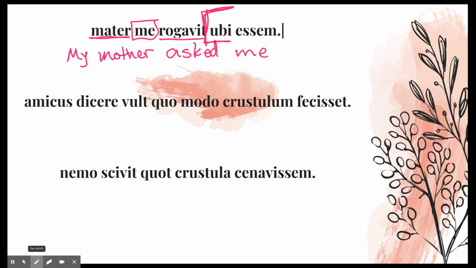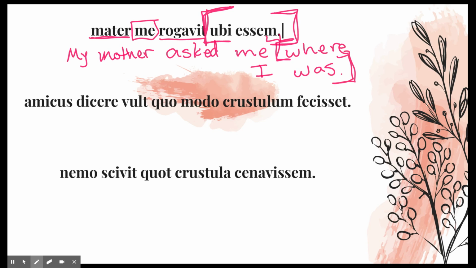It starts with my question word, and then it ends over here with my verb in the subjunctive. So what did my mother ask me? Where, which is ubi. My subject is I, where I was, because it's in the imperfect tense. So my mother asked me where I was. My indirect question is right here: where I was.